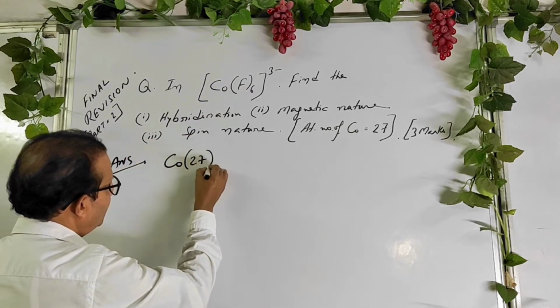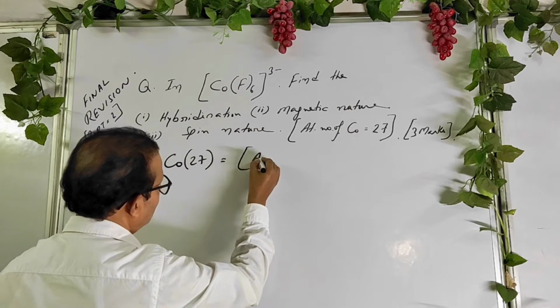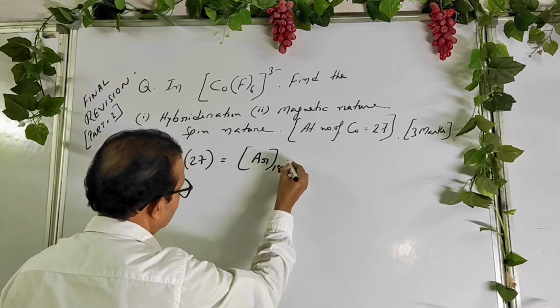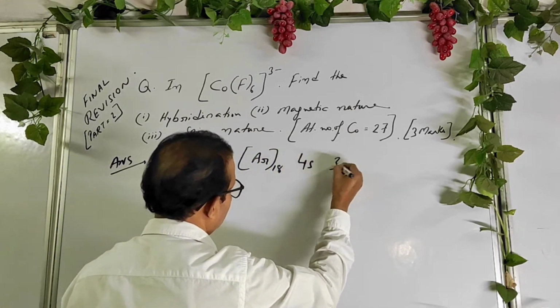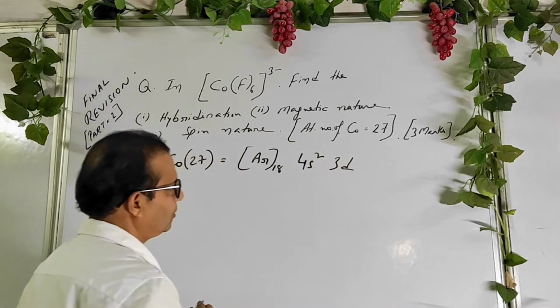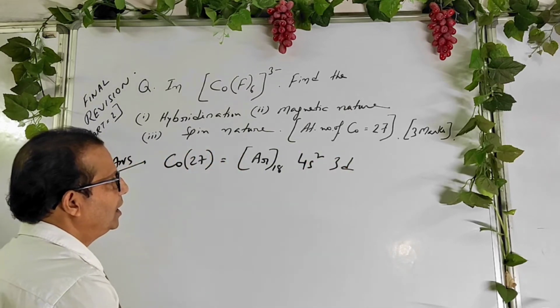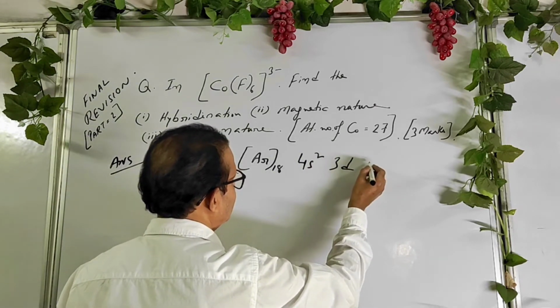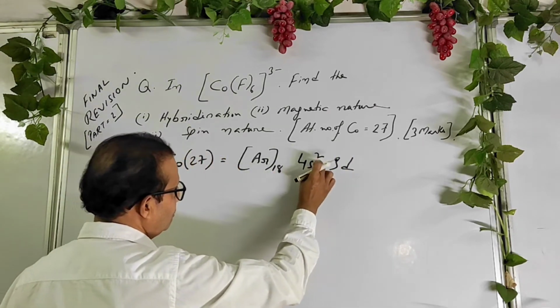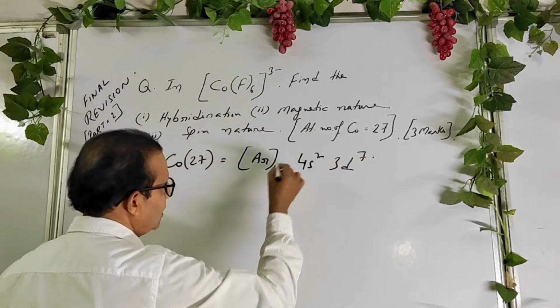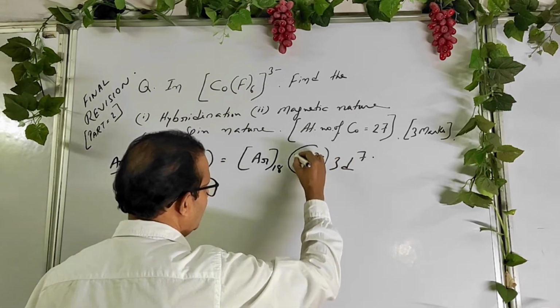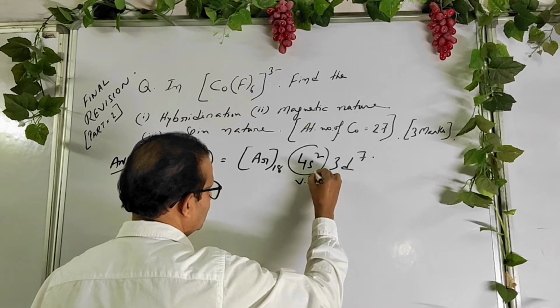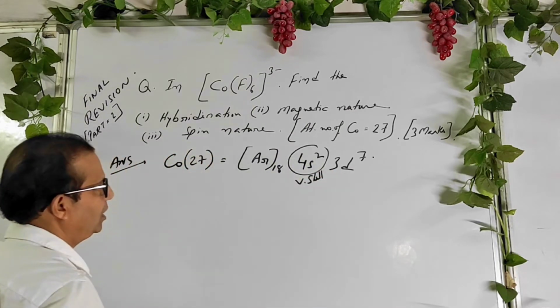27 atomic number. So it is argon 18, 4s2 3d7. The d orbital contains 7 electrons and the s orbital contains 2 electrons, 18 plus 9, 27. Remember it, this is the valence shell, the outermost shell.